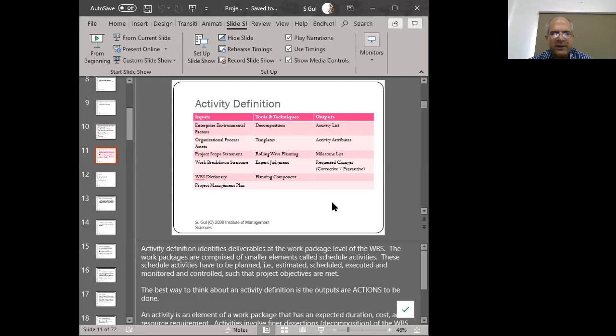So let's forget for a moment about the inputs, and let's forget also about the outputs. Let's concentrate upon the tools and techniques that are required, because that's more important. Right? So in order to define an activity, in order to say that here's an activity that I need to do, what kind of tools and techniques do we require? Well, we need a decomposition.